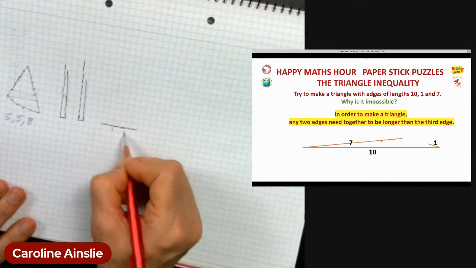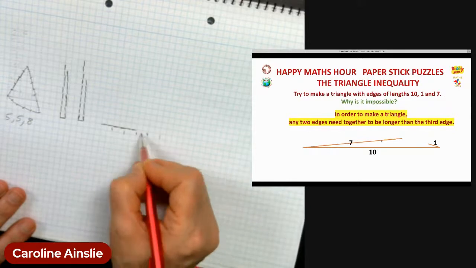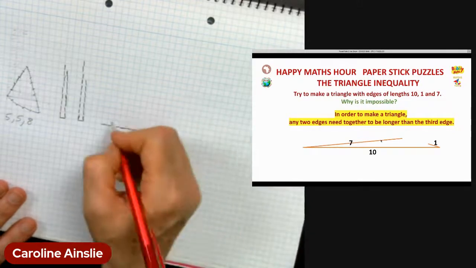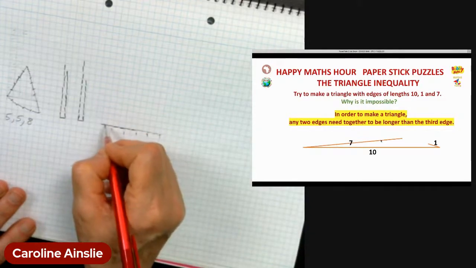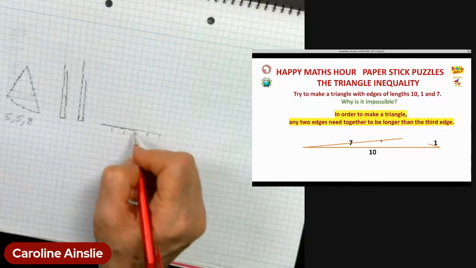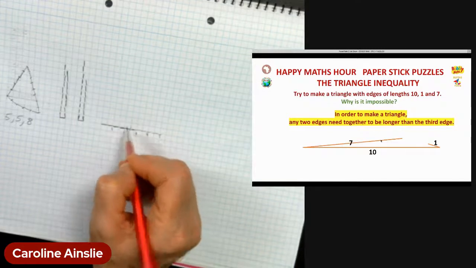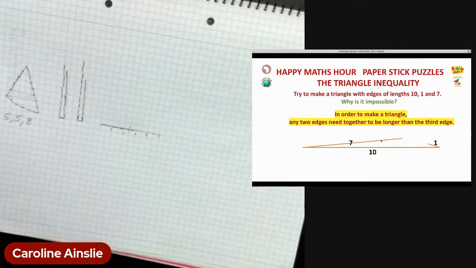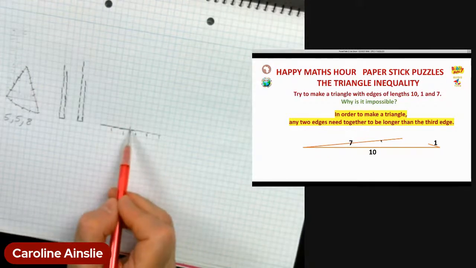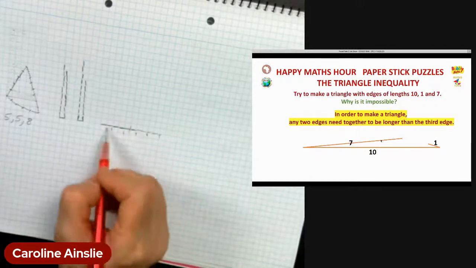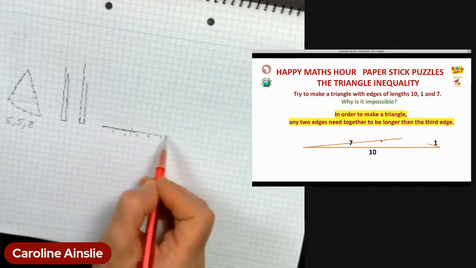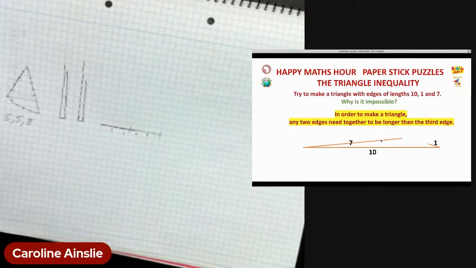We've got 2, 4, 6, 8, 10, and then we could have 5 and 5, and they would join right in the middle. So it has to be longer than that edge. It can't be the same, because that would just make a straight line, wouldn't it? You just have 1, 2, 3, 4, 5, 1, 2, 3, 4, 5, and we just have 2 straight lines overlapping each other. Exactly. So they have to be longer.